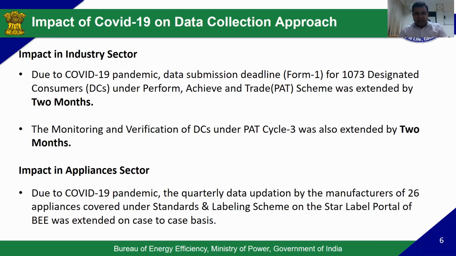And as far as the impact in the appliances sector is concerned, we have this portal wherein we are collecting data from all the manufacturers for the appliances which are covered under the standards and labeling scheme. However, this was again extended on a case-to-case basis for each of the appliances. Next, please.